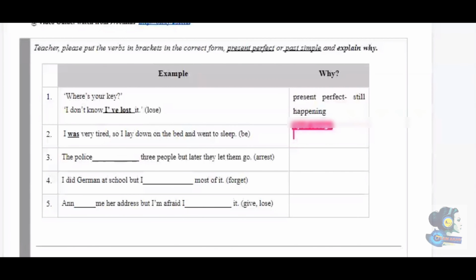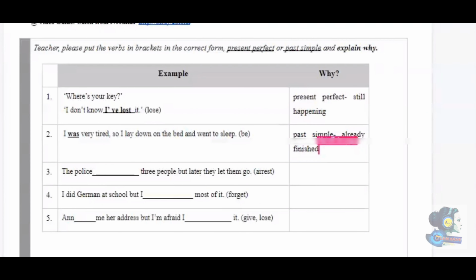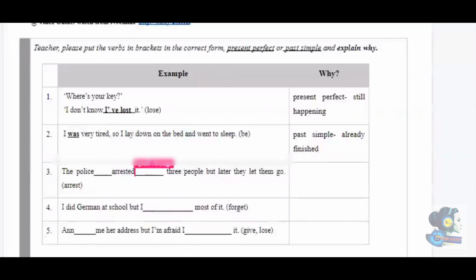Actually, this is the past simple form of the verb. So be was turned into was, because the sentence means that it is a finished event and took place in the past. Like he already slept. All right, that was in the past simple. Already finished, and he slept. Sorry, I forgot to put the correct answer here.